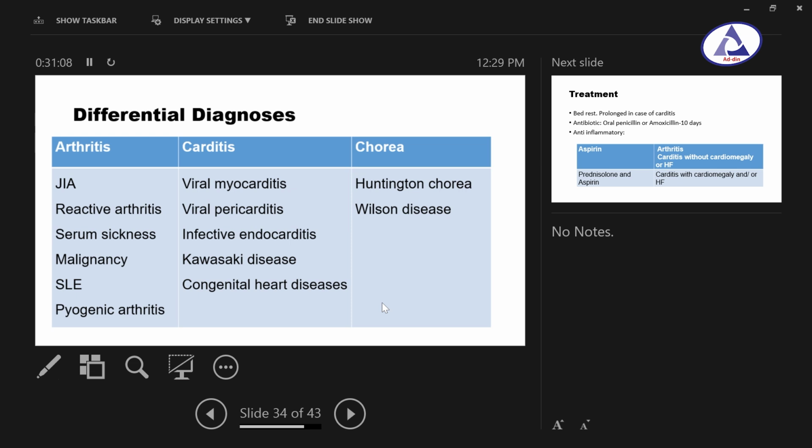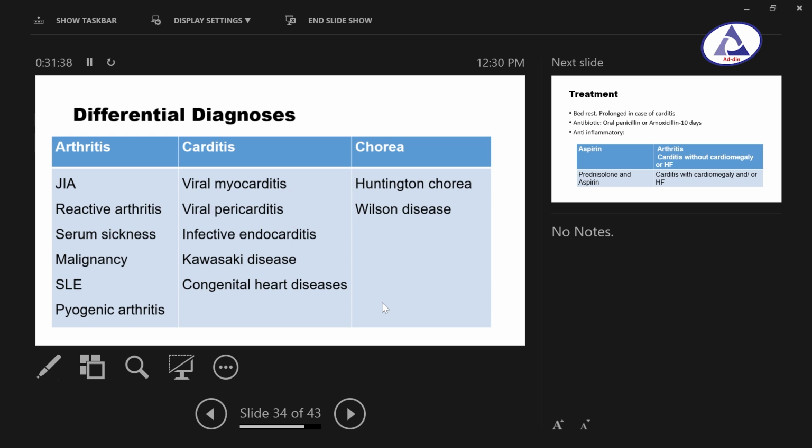Reactive arthritis is due to some infection, gastrointestinal tract or respiratory tract infection; about two weeks after infection there is reactive arthritis, involving small and large joints both. Serum sickness may be after vaccination.